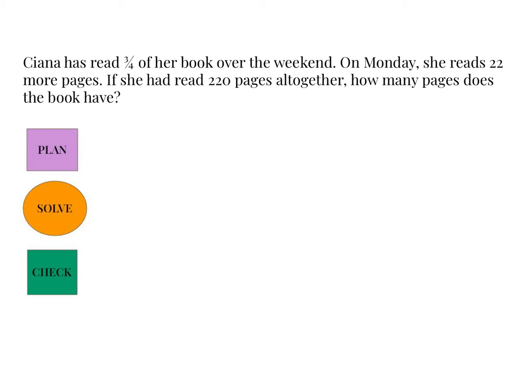So here is another problem. Sienna has read 3/4 of her book over the weekend. On Monday, she reads 22 more pages. If she has read 220 pages altogether, how many pages does the book have total? So we want to figure out the total pages. I'm going to make a plan by figuring out an equation. I'm going to let X equal the number of pages.